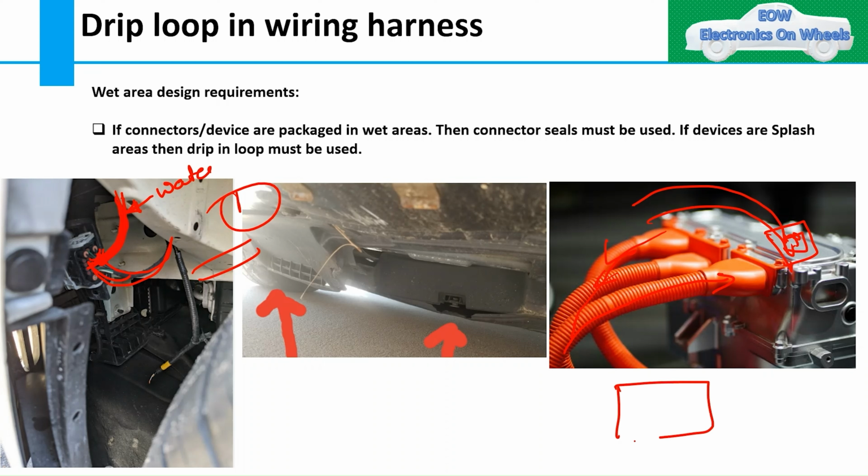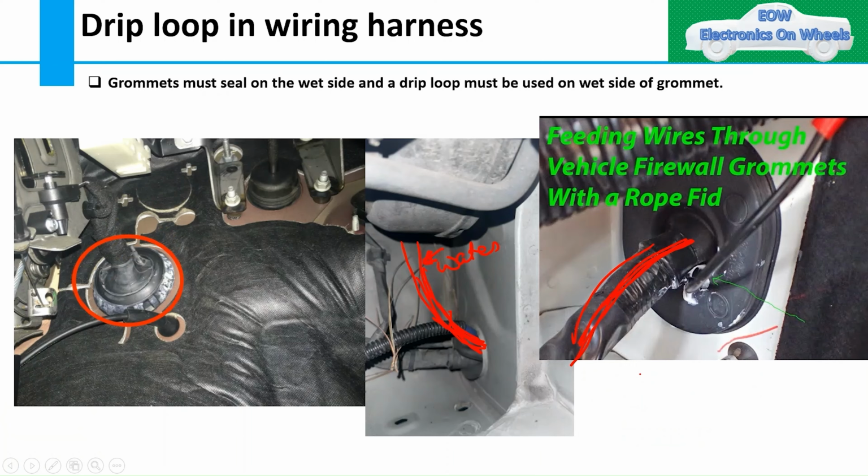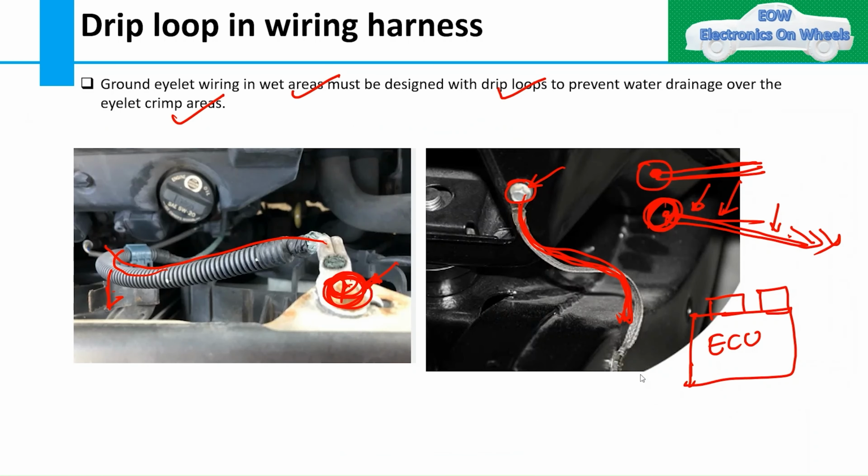Or suppose this is my ECU and these are my connectors, and you give it like this, it is a very risky routing in terms of water stagnation, because sometimes in a rainy area, all the water will go inside this. So these are the things we have to make sure of when you are routing and giving the drip loop condition in a wiring harness.